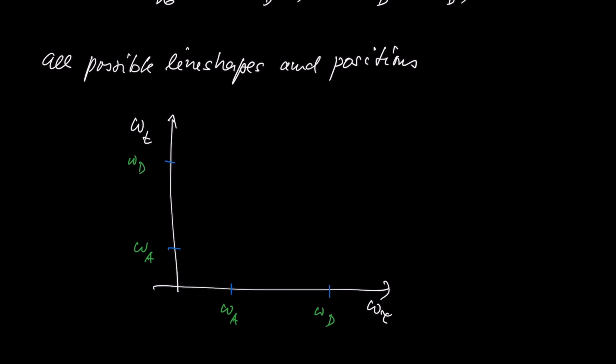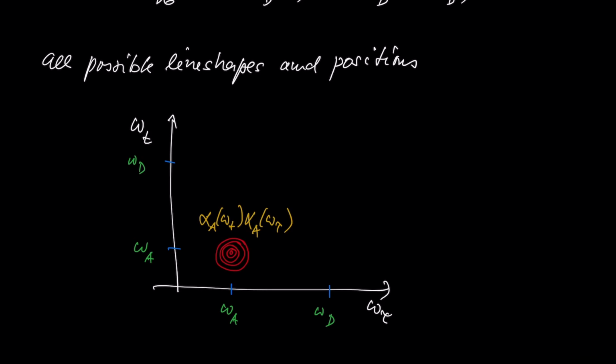So for instance, here at AA, I will have a product of alpha A omega T, alpha A omega tau. So two functions that are basically the same, placed both around the frequency omega A. So we will have a symmetric picture like this. Let's use some sort of a contour plot.